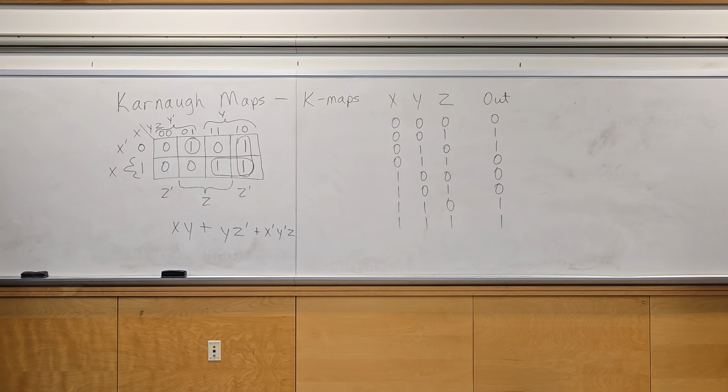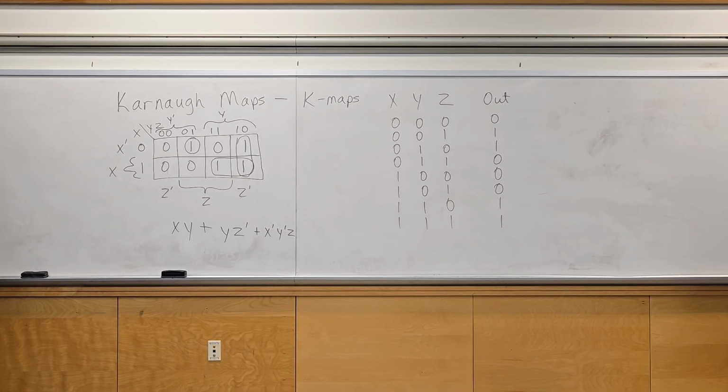Basically, on a three variable K-map, a group of one has all three terms. A group of two has only two terms. A group of four has one term. I'll do that one in just a minute.